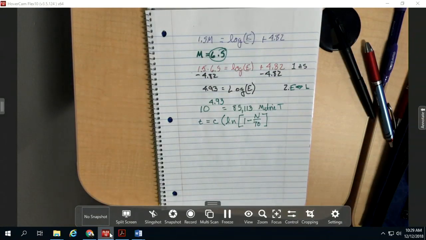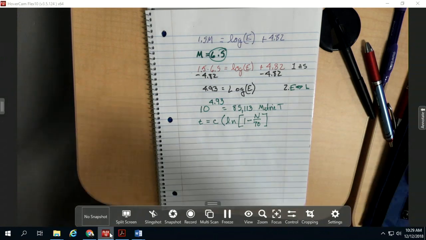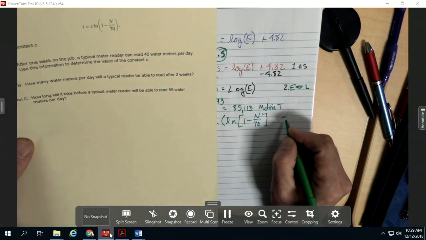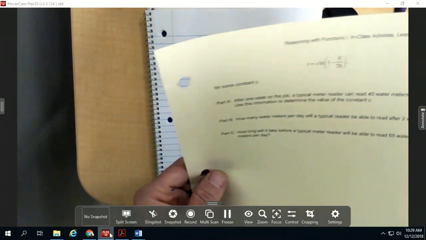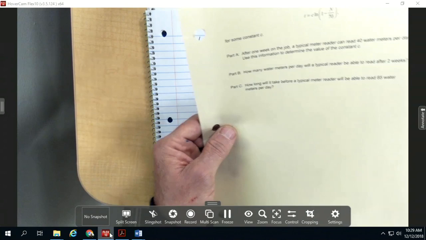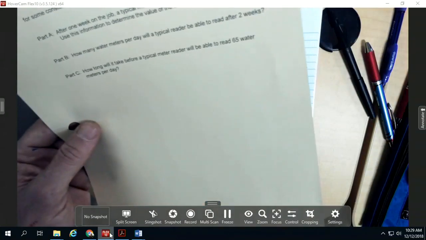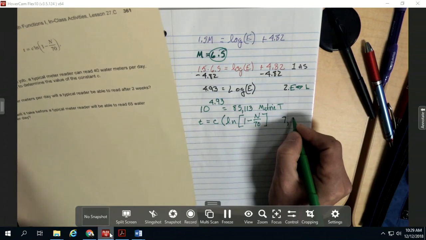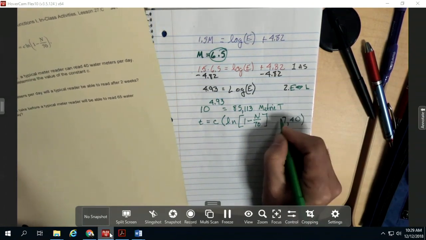And it says, after 1 week on the job, where C is a constant and t is in days. Okay, so after 7 days, he can read 40 meters.